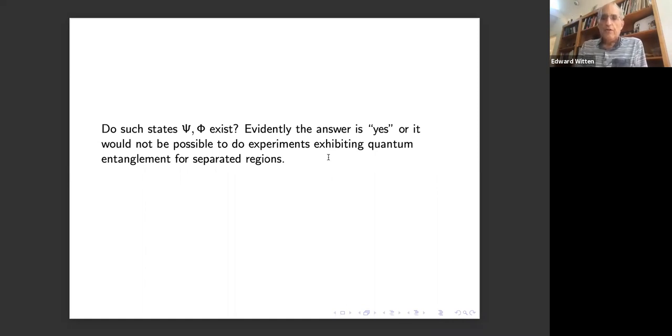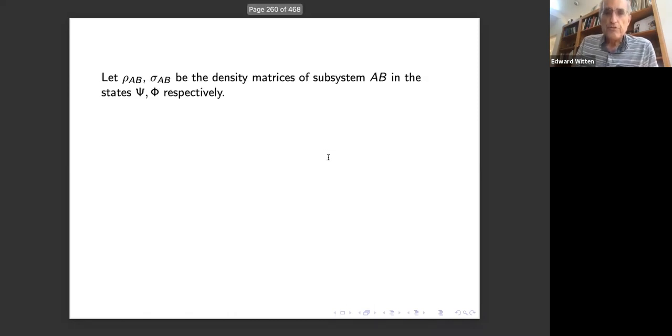So somehow, an experimentalist who manipulates electron spins or whatever in different laboratories and studies correlations is able to establish states that only differ by the degrees of freedom that are being manipulated and studied. So that's the assumption I'll make.